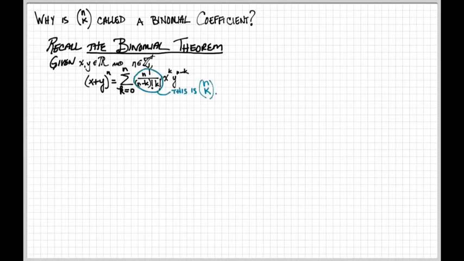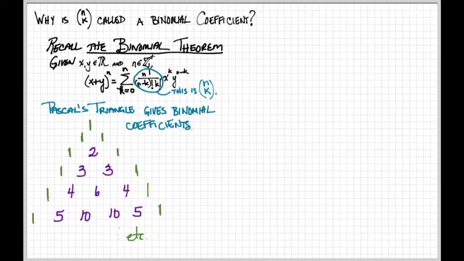Notice the coefficient here, n factorial over n minus k factorial times k factorial, is precisely n choose k. So the coefficient in the binomial expansion is called the binomial coefficient.